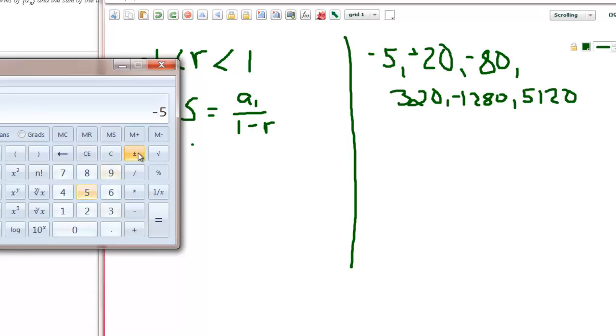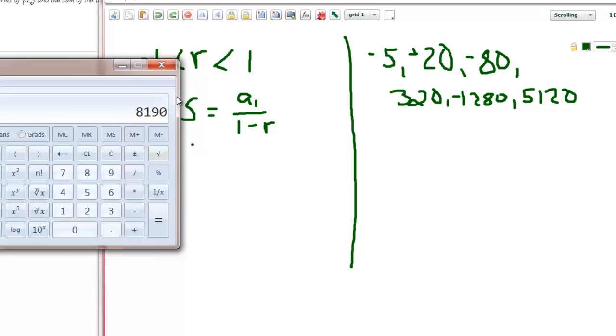So that's negative 5 plus 20 plus negative 80 plus 320 plus negative 1280 plus 5120. And let's just make sure we have all those terms there. Negative 5, 20, negative 80, 320. All right, looks good.